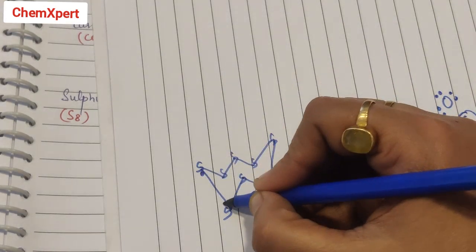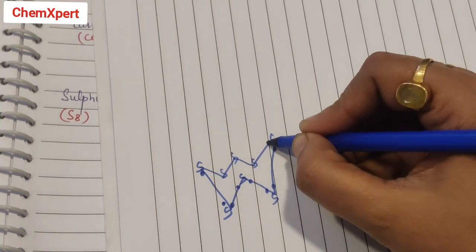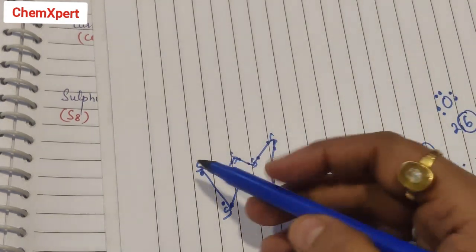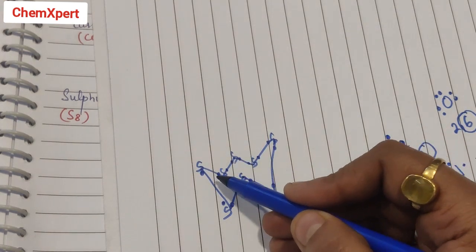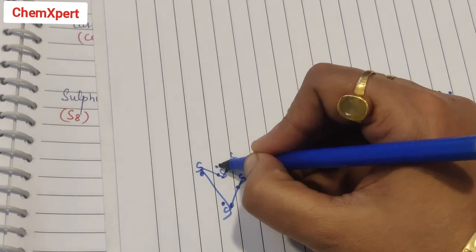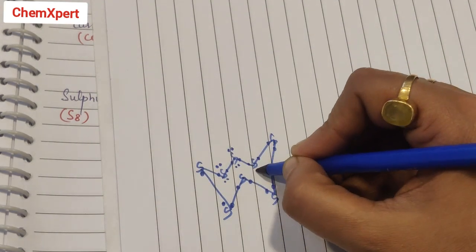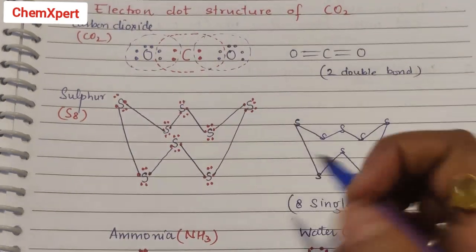So write 1 dot here, 1 dot on both sides, and each sulfur has 6 electrons in the outermost shell. In each sulfur, 2 electrons are shared to form bonds, one for this side, one for this side. So 2 pairs are free here. So at each sulfur you have to draw 2 pairs like this. So this is the structure here.